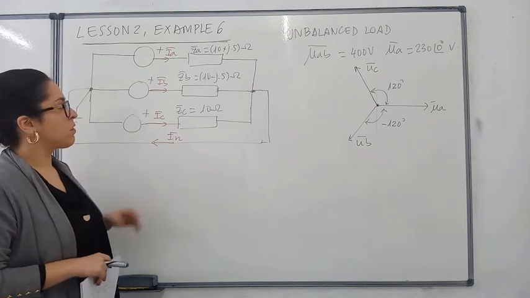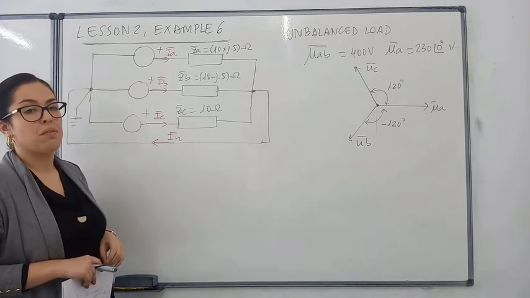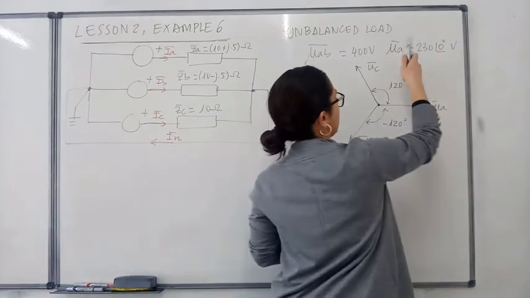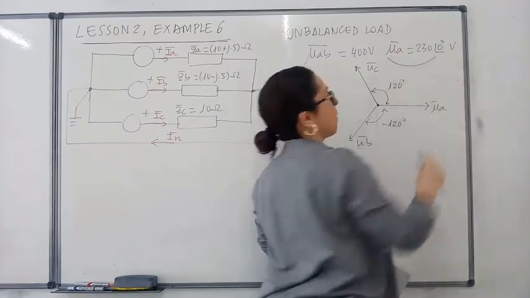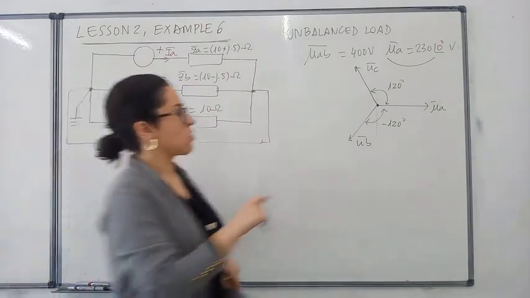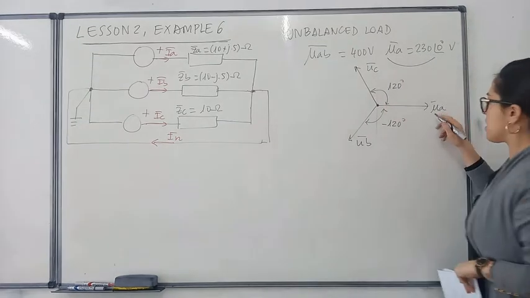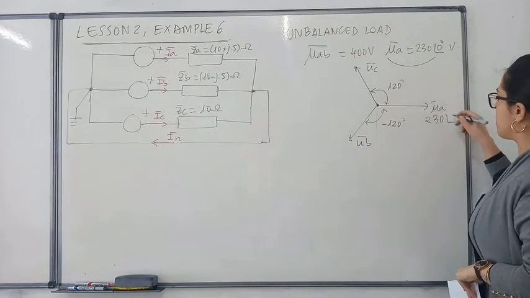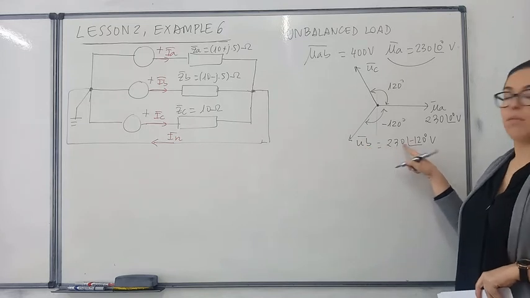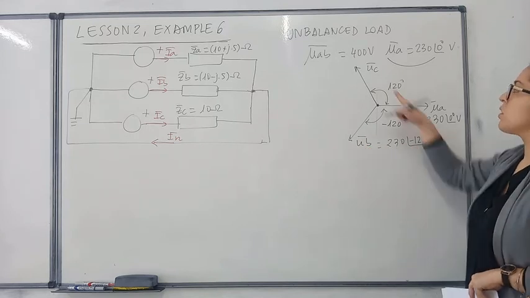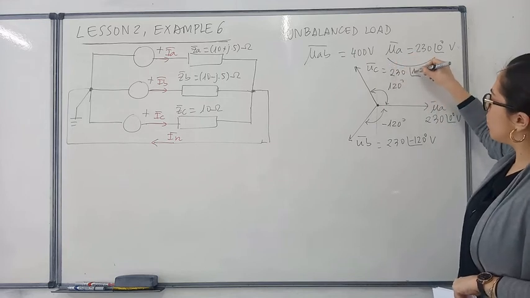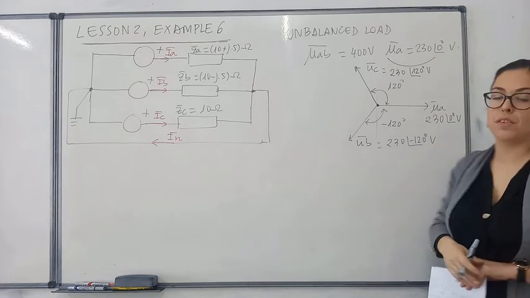So, first of all, we need to consider one phasor as reference phasor. And they say that we should consider phase voltage A as reference phasor. That means that phase voltage A has an angle of 0 degrees, while phase voltage B has an angle of minus 120 degrees, while UC has an angle of 120 degrees.